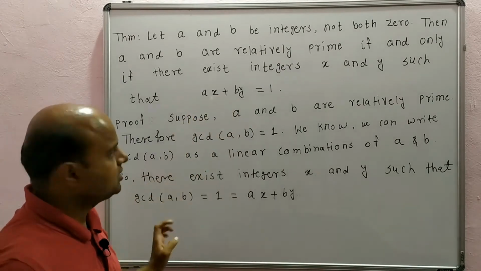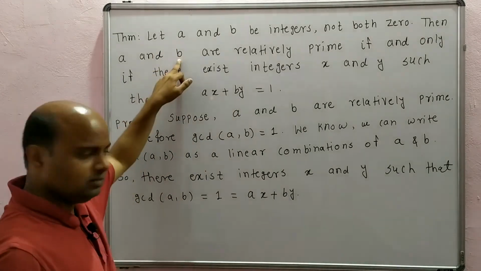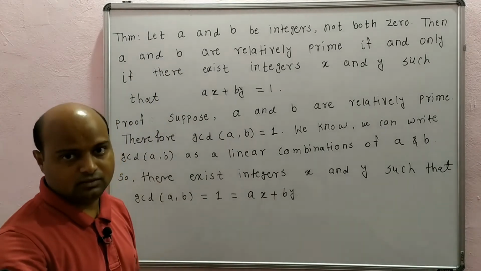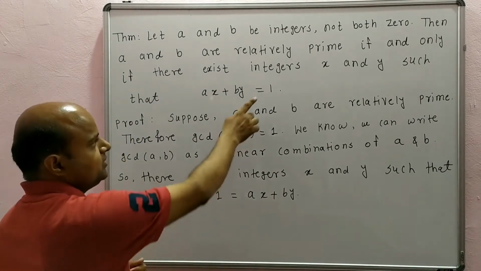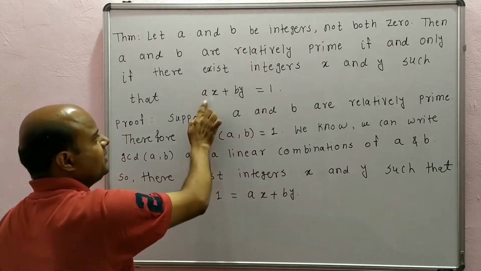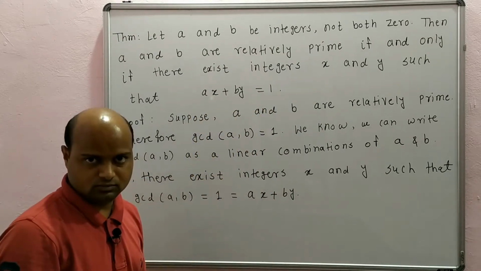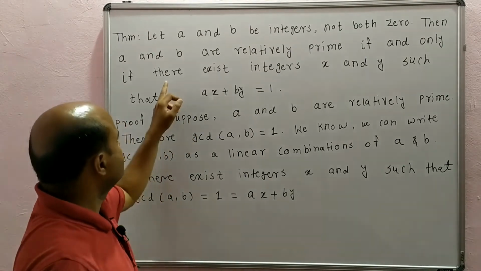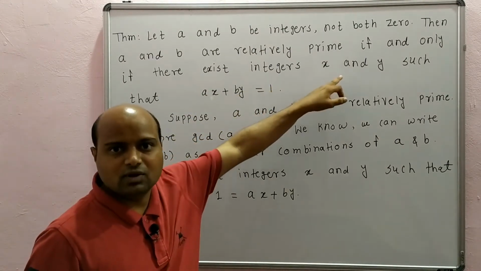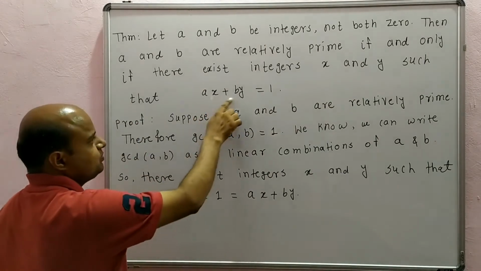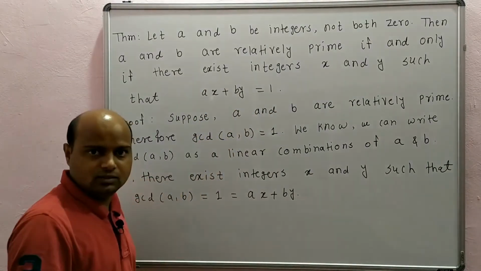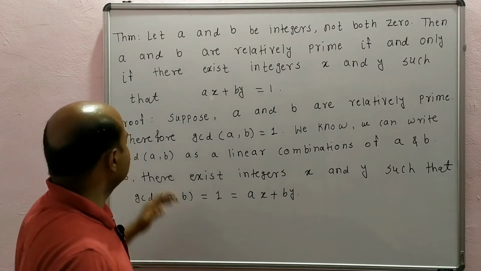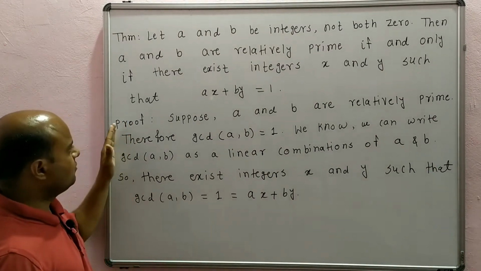What this theorem says: if a and b are relatively prime, then there exist integers x and y such that ax + by is equal to 1. And conversely, if there exist integers x and y such that ax + by is equal to 1, then a and b are relatively prime. So we will prove one way.